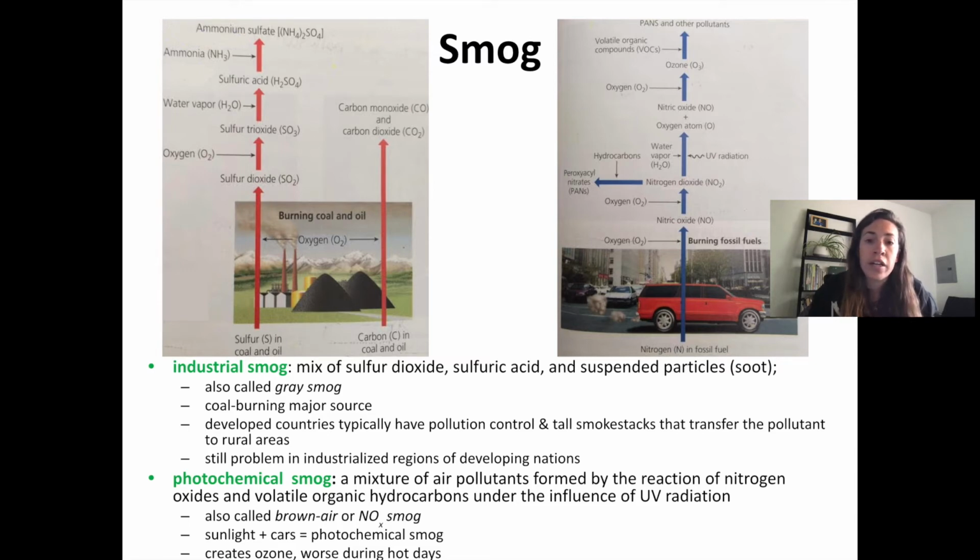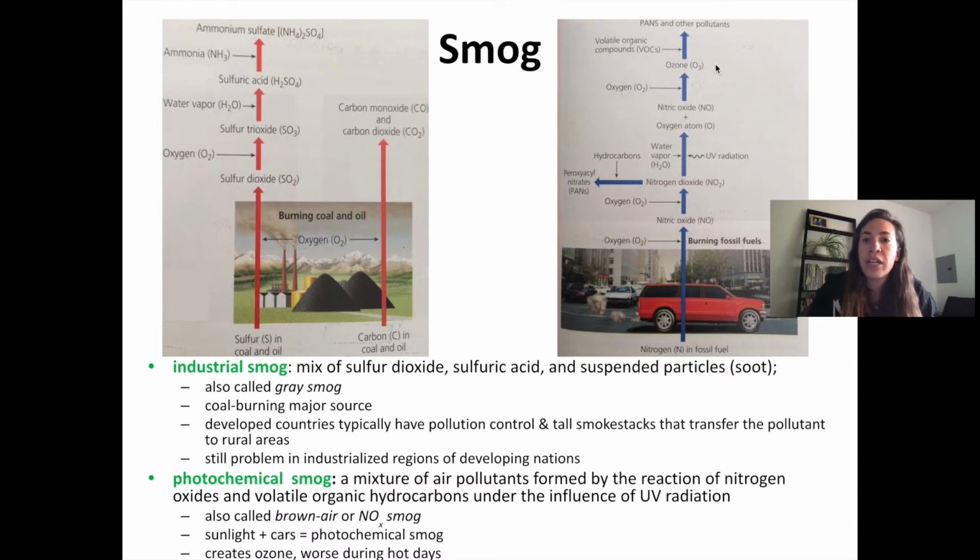That can interact with oxygen further to create nitrogen dioxide. This can interact with both UV radiation, sunlight, and water vapor to split that nitrogen dioxide back into oxygen atoms and nitric oxides. Those free oxygen atoms can interact with regular oxygen and create ozone, and this is where we get surface level and dangerous ozone.